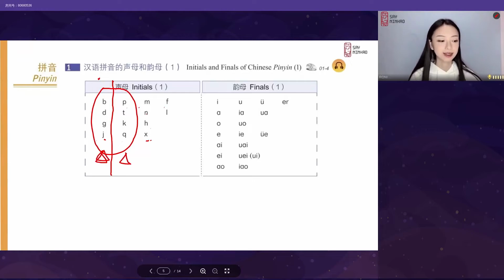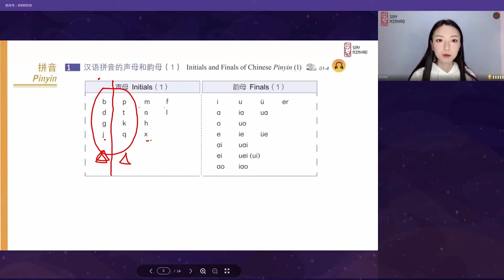What does this mean? You can try to put your hand in front of your mouth, or a tissue or paper, and try to pronounce bo and po. You can feel the air coming out of your mouth is different. For bo, you can feel the air is soft, but for po, the air is much stronger.